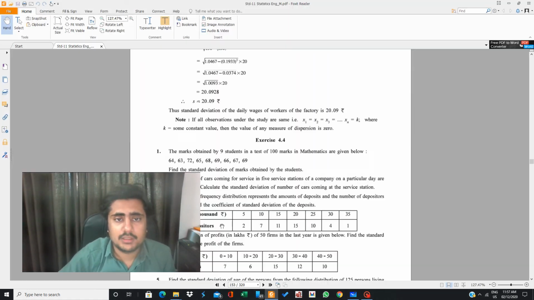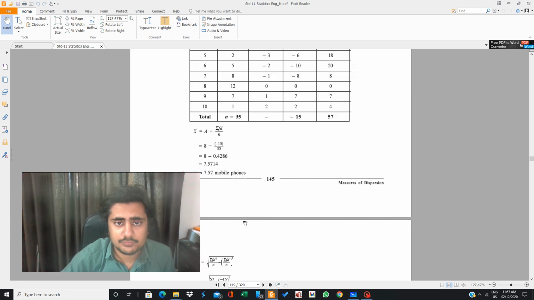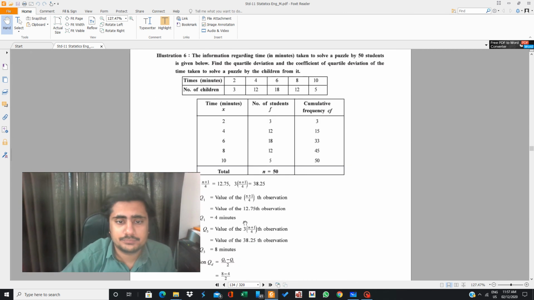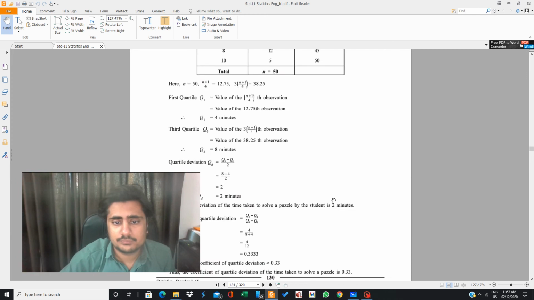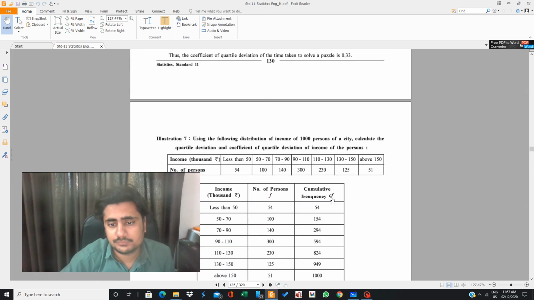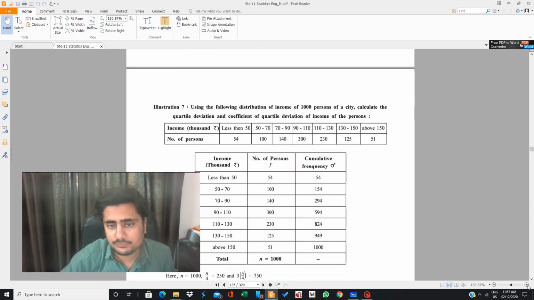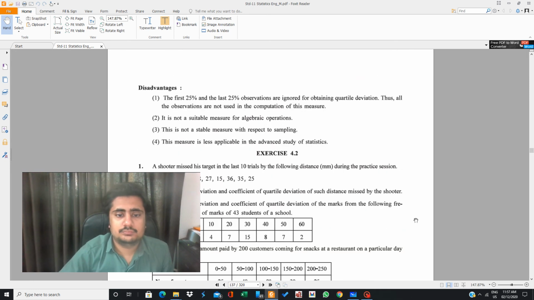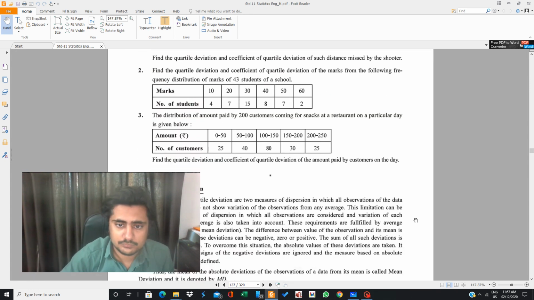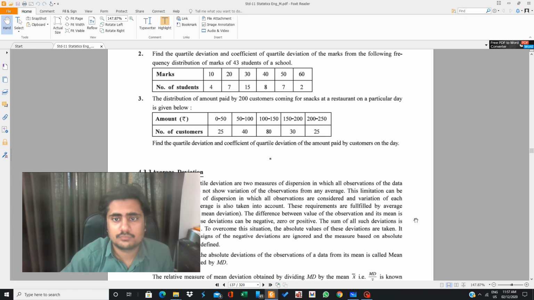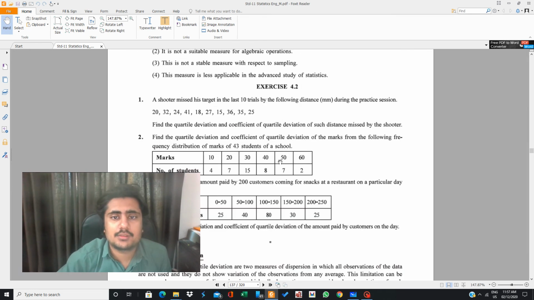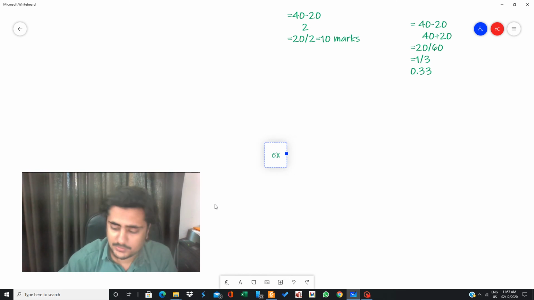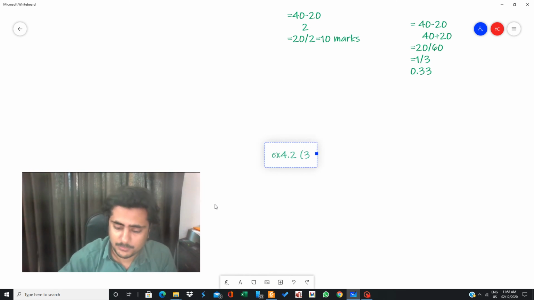Now coming to the classes part. Let us start with the third sum of Exercise 4.2, sum number 3.